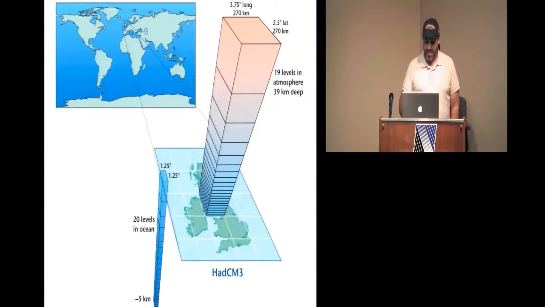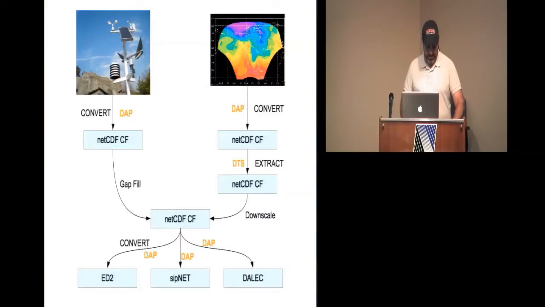We're trying to ingest real weather forecast data so that we can do forecasting in real time, as well as ingest the climate scenarios that are coming out of these global climate models that take us a century or more into the future. So right now we've kind of got a workflow that involves a number of conversions and extractions.